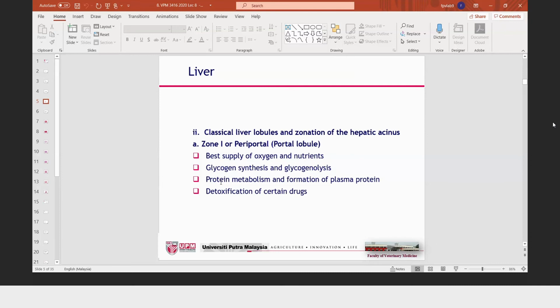So that one is zone 1, the pre-portal zone, or what we call portal lobule.